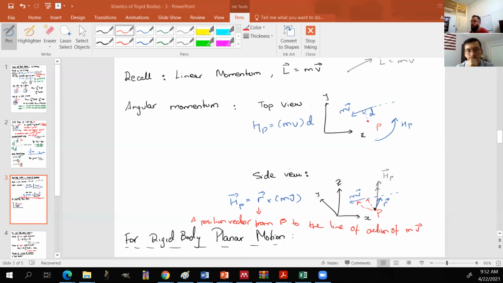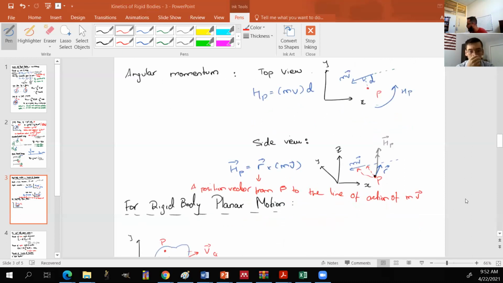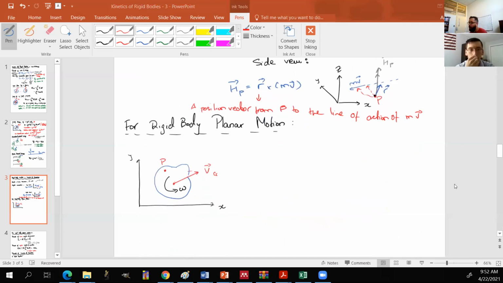All right. Then for rigid body planar motion, we just break it down further, right? So when you have rigid body planar motion, it's both translating and rotating. So you can say that your linear momentum is equal to, same thing, as a vector, m times the vG vector.